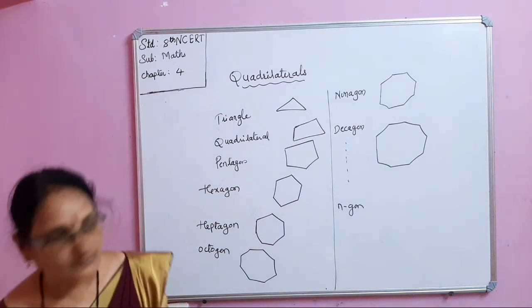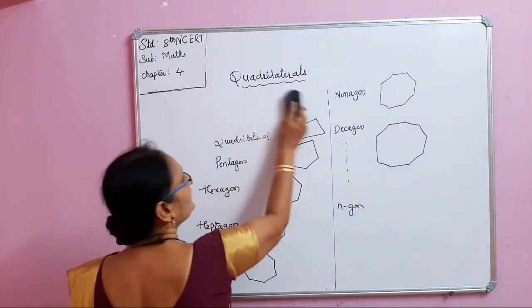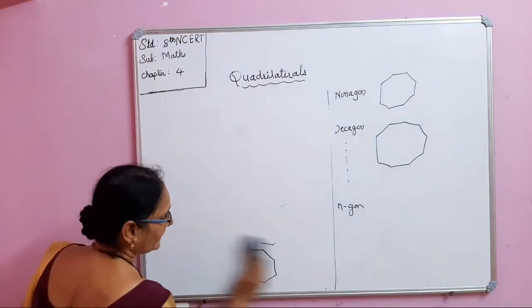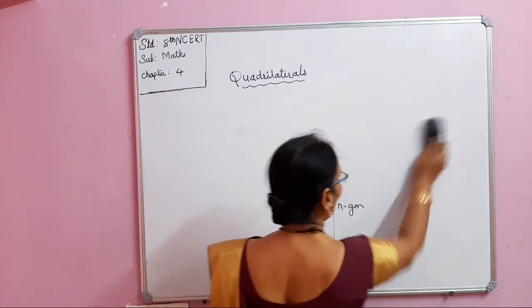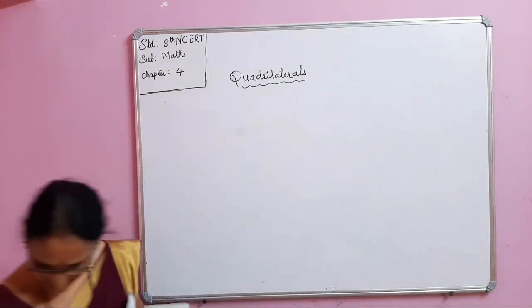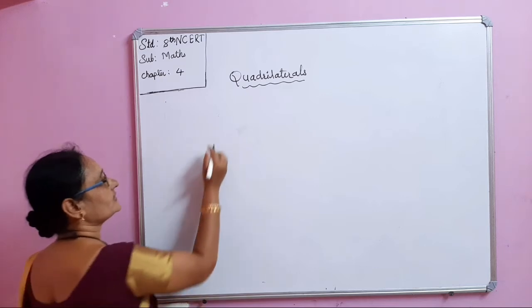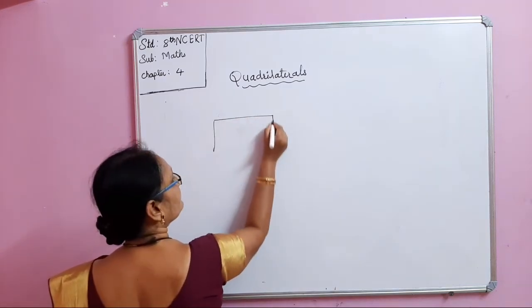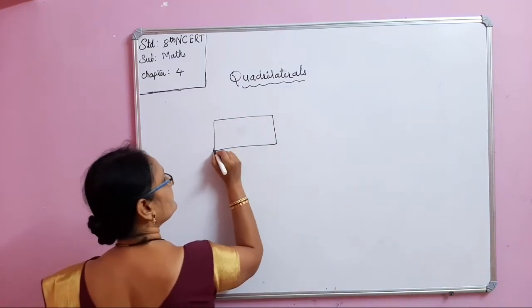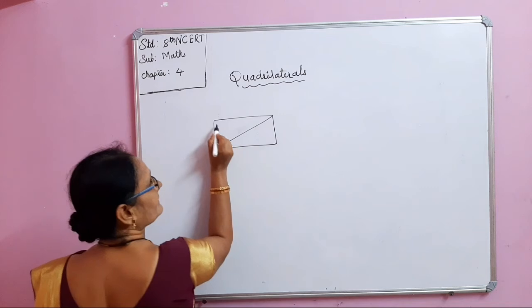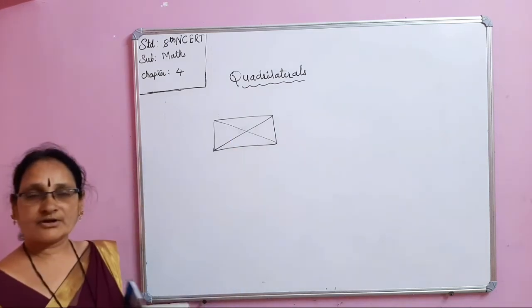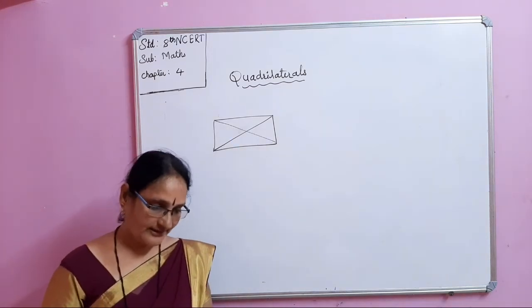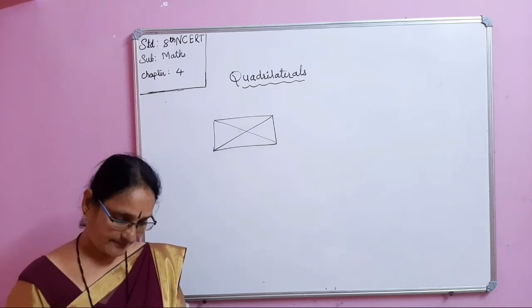Then next comes one more concept in this, that is diagonals. What are the diagonals we are going to learn. You already heard the word diagonal. See, in the quadrilateral, when we join two opposite vertices, we call it a diagonal. So what is the exact definition of the diagonal?